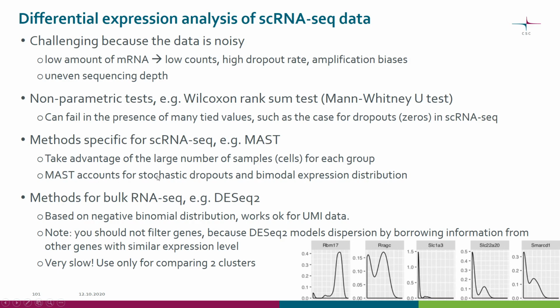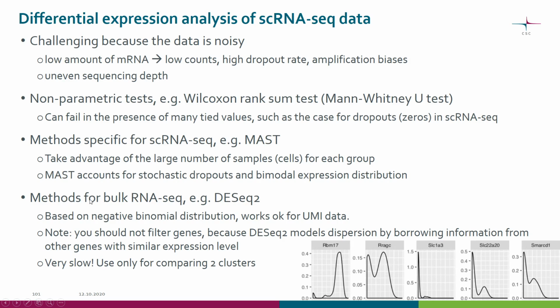MAST can account for the stochastic dropouts and also bimodal expression distribution. So here you can see examples of distributions of the expression values, and as you can see, they are not nicely normal. You have all sorts of shapes, including this bimodal shape.